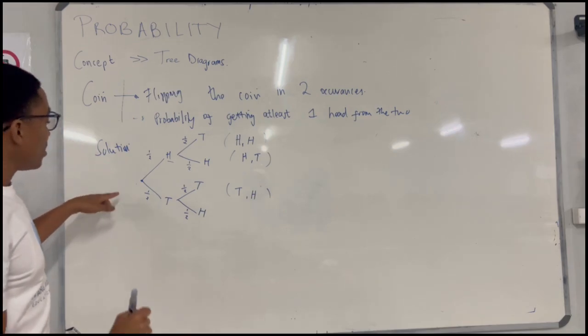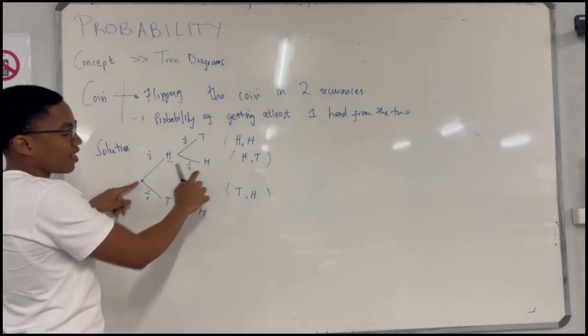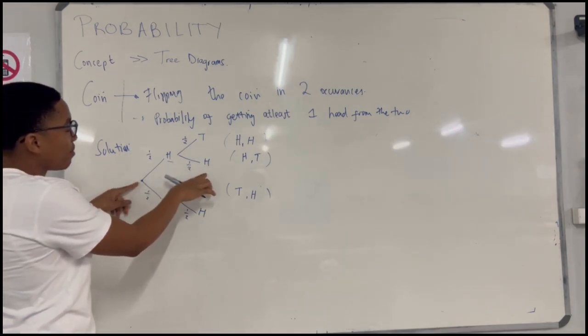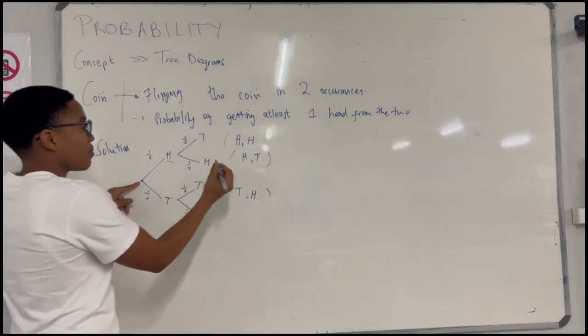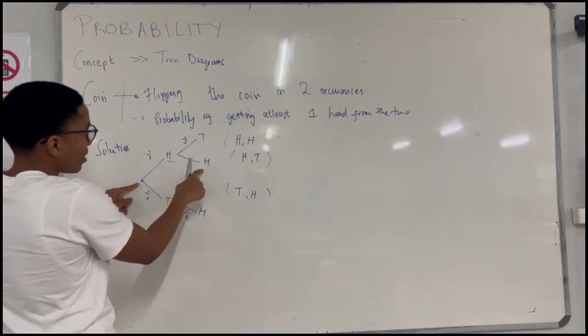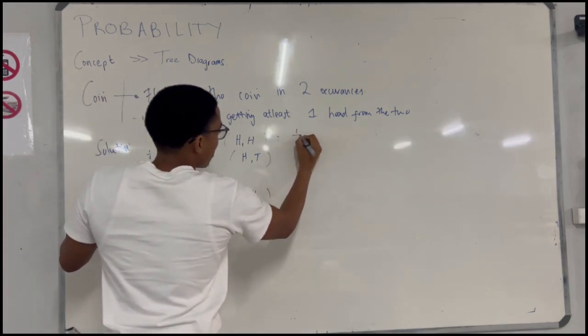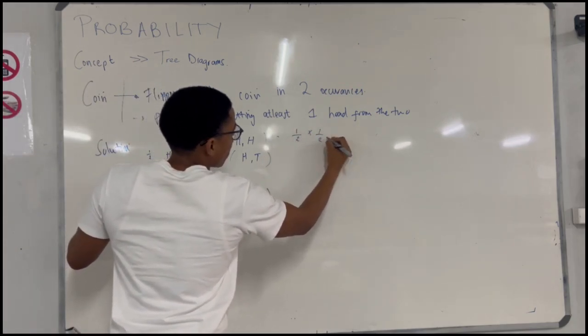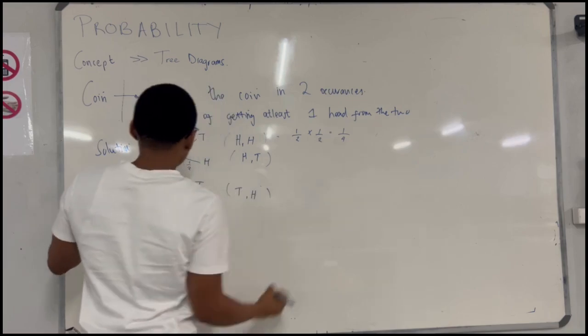Remember, as you go along the branch, you multiply. So the probability of getting a head and then a head is going to be half multiplied by half, which is 1/4.